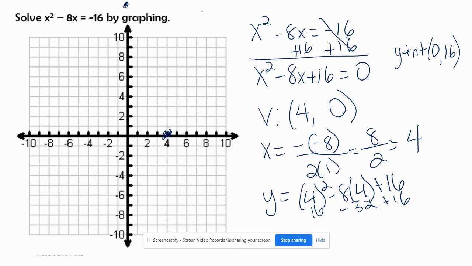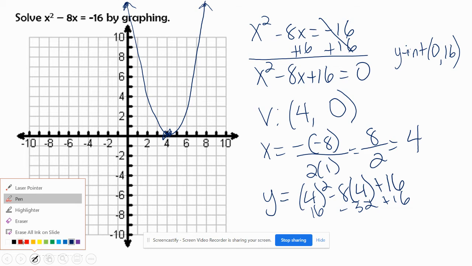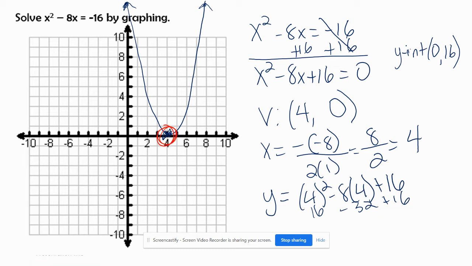That also means we'll have 8, +16 way up there. And so this is our graph. Do we have any x-intercepts here? Well, actually, yes, we do. It's right here. Our vertex is an x-intercept. So our x-intercept, root, or solution is going to be 4, 0.